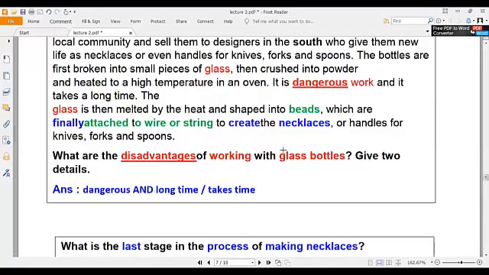They use paraphrasing. Okay. What here paraphrased the word last stage? Here he said it takes a long time. Okay. The glass is then melted by the heat and shaped into beads, which are finally attached to the wire string. What is similar to the word last?